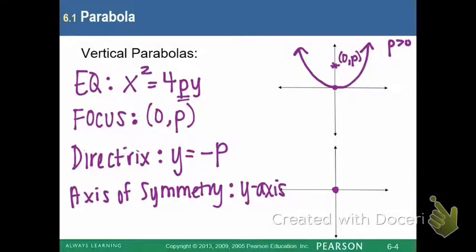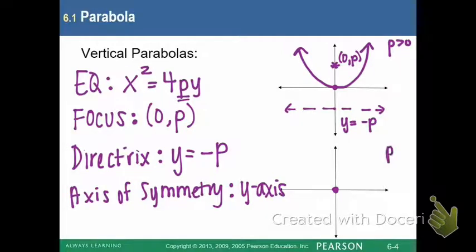And then whatever that distance is from the vertex to the focus, you're going to go that same distance the opposite direction and then draw in the directrix. So this would be the equation, right? Y equals negative p, because you're going the opposite direction there. Okay. It's similar if it opens down, everything is just like negative.